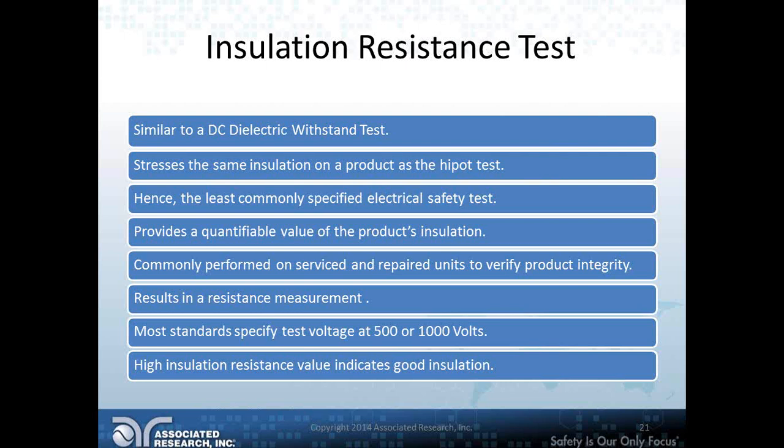Once again, the high potential is applied by shorting the line and neutral of a three-pronged line cord of the device under test, and the return lead is connected to the chassis point. However, the result of the insulation resistance test will be displayed in ohms or megaohms instead of a leakage value, which is more common for a high pot test.